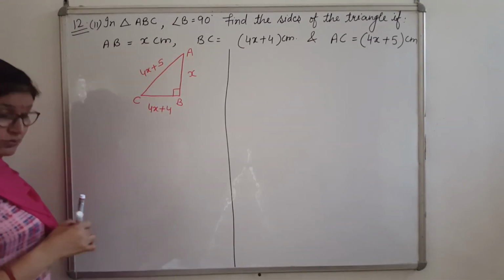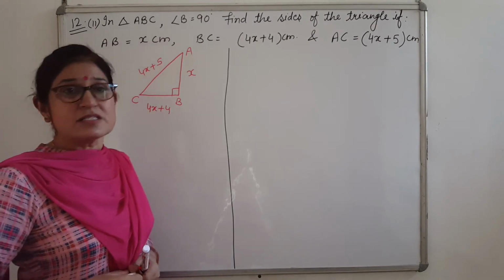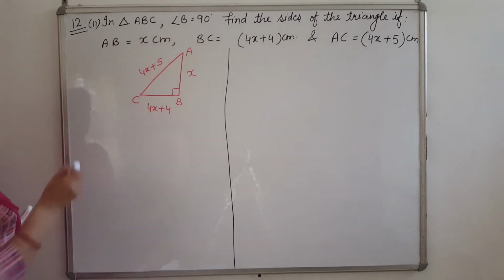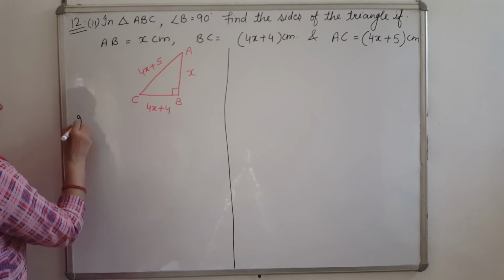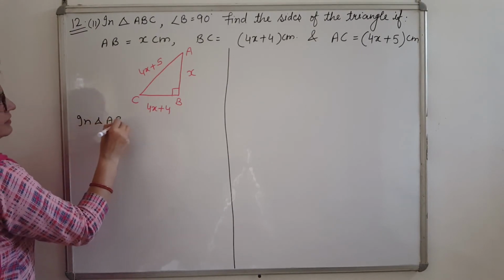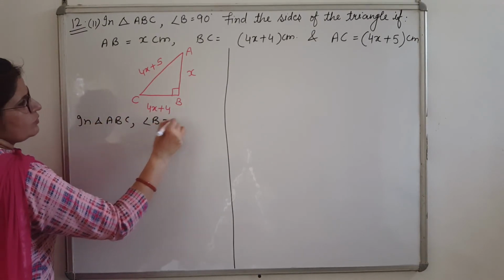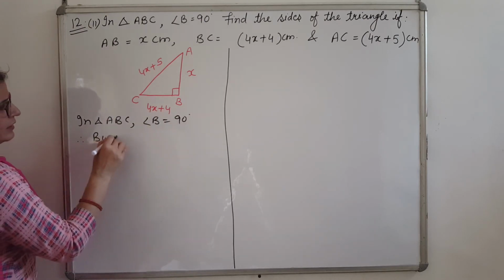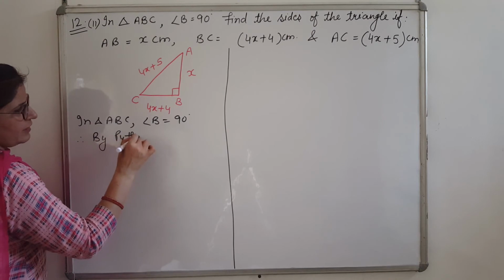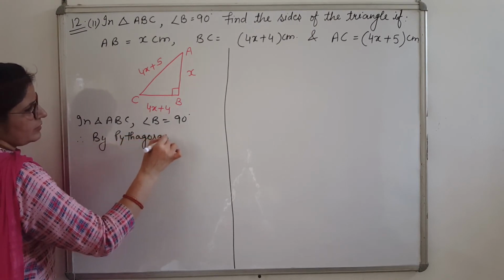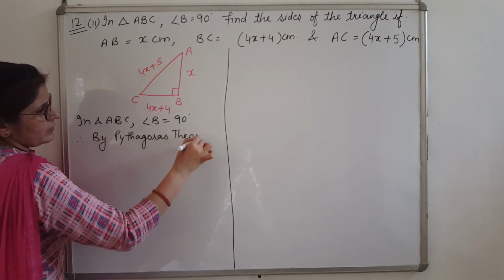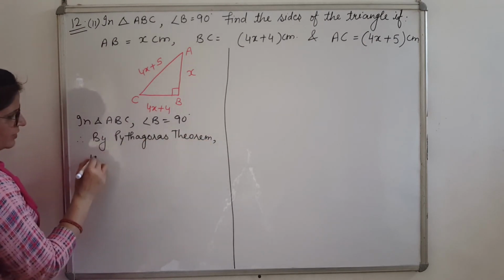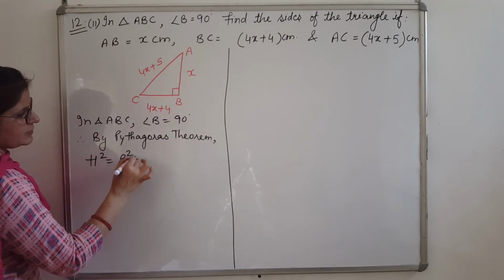So what will we do? We will use Pythagoras theorem here. In triangle ABC, angle B is equal to 90, so therefore by Pythagoras theorem, h square is equal to p square plus b square.